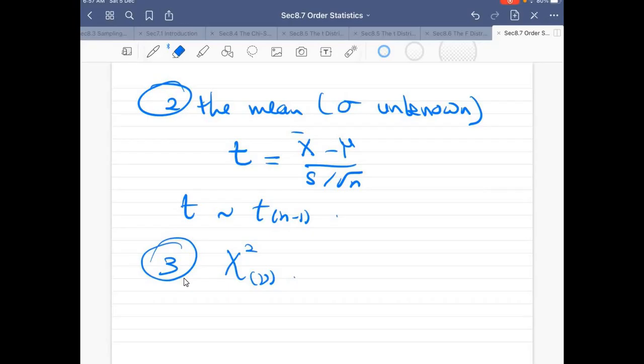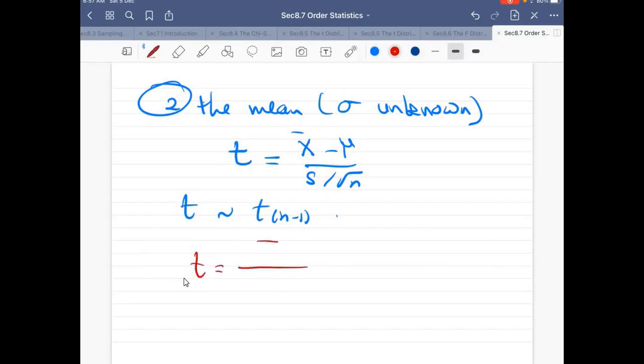We define the t distribution as the ratio. Usually the t distribution is defined as a ratio of a standard normal divided by a chi-squared over its degrees of freedom.